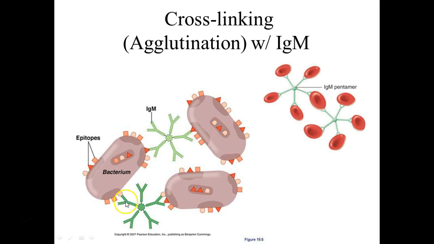And then this antibody is binding to a different one. And this is actually showing you red blood cells, and how the IgM really can clump up. It can grab onto 5 at a time and really agglutinate them.